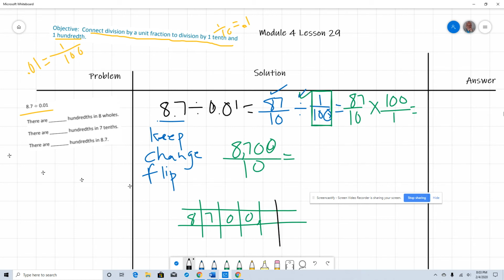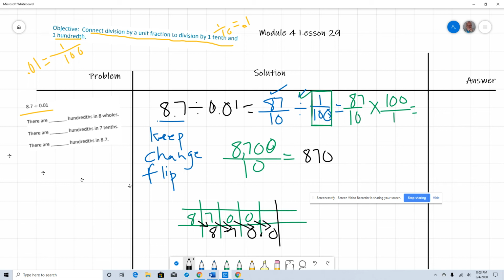The decimal point stays here. The 700 becomes 70, and the 8,000 becomes 1/10 the size, so now it's going to be 800. So that's going to be the answer here, 870. Okay, so that's our answer.